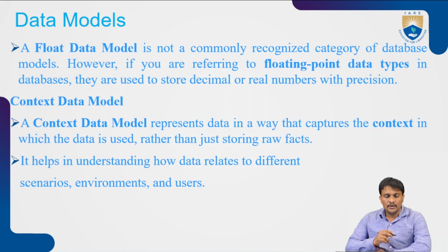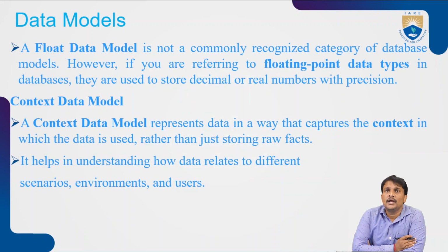Next one, float data model. A float data model is not a commonly recognized category of the data models, so we cannot use it frequently. If you are referring to floating-point data types in databases, they are used to store decimal or real numbers with precision.